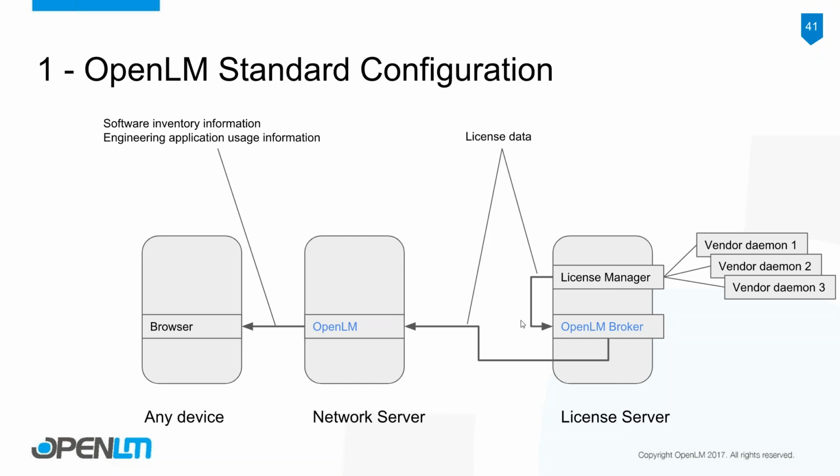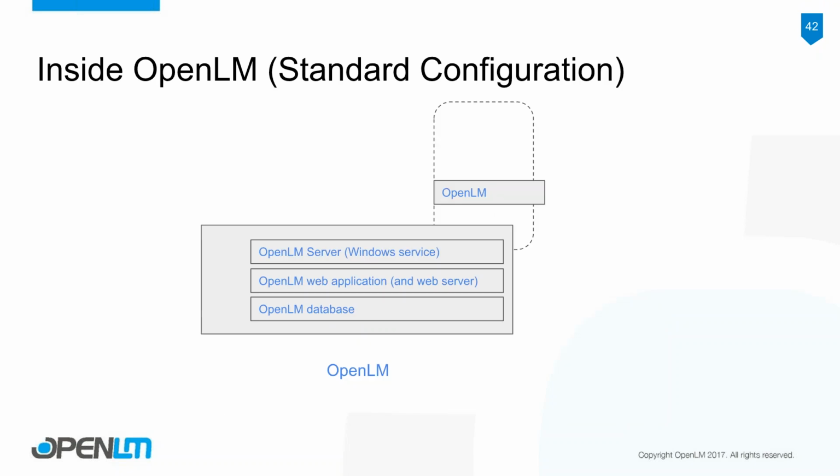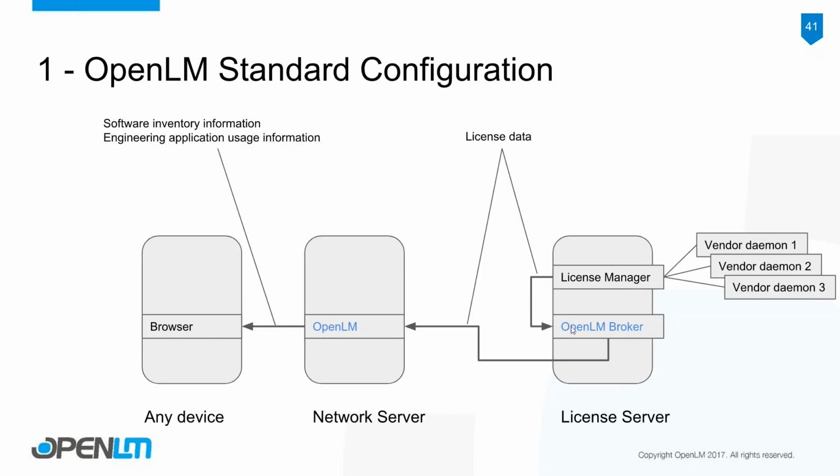The second item that you see here is the OpenLM core product, which needs to be installed on a dedicated network server. So the OpenLM broker communicates the license data it receives from the license manager to OpenLM, and there the data is processed to produce software inventory and usage information, which can then be accessed from any device in your organization that has the required authority.